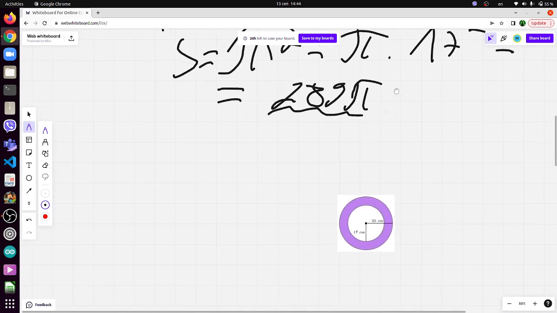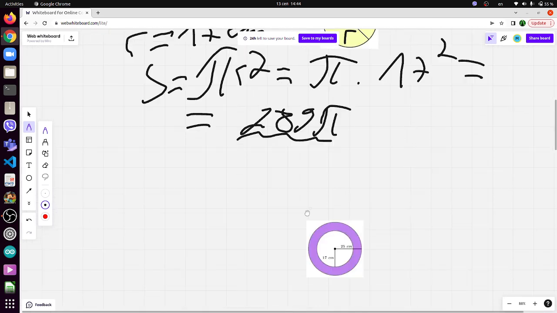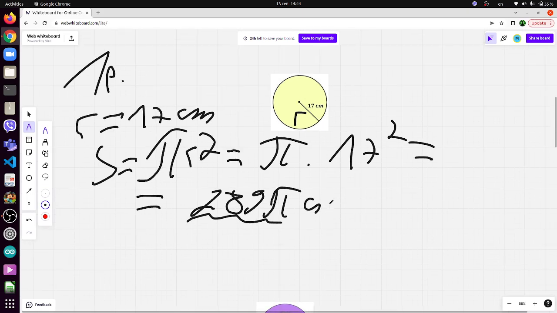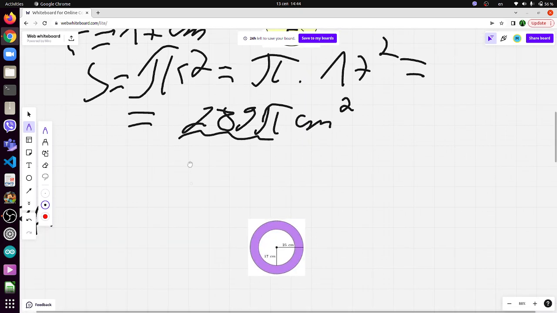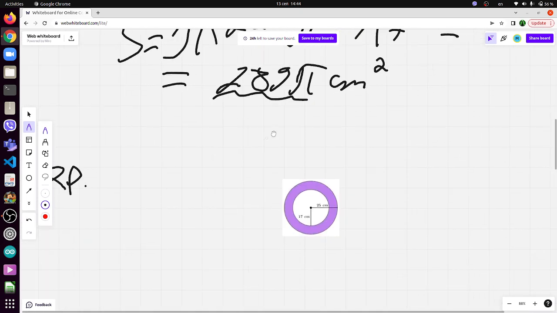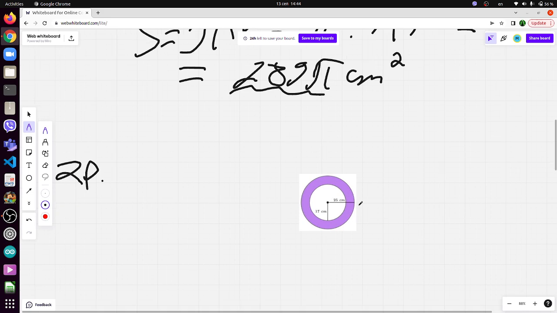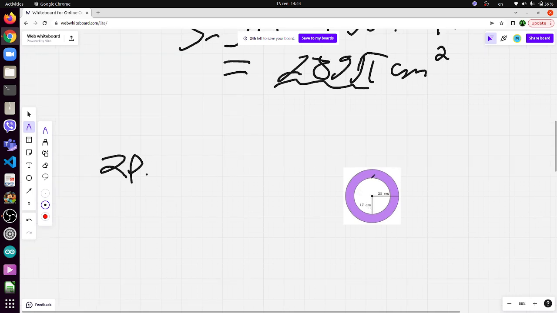It's also centimeter squared because the radius is 17 centimeters. The second problem is to find the area of the shaded region. We have a small circle and a big circle.